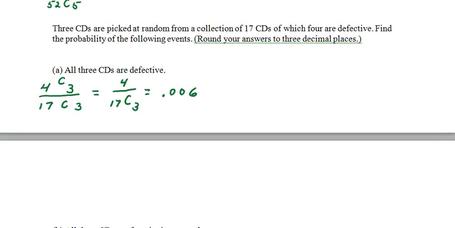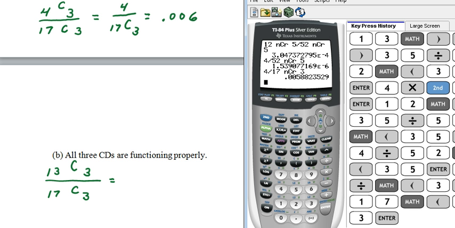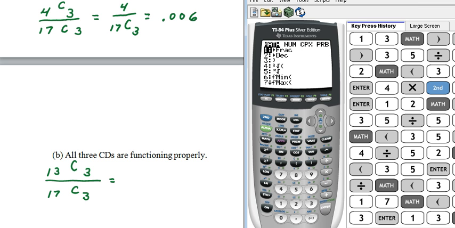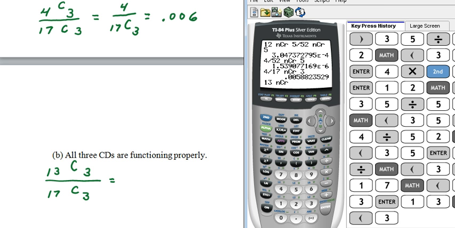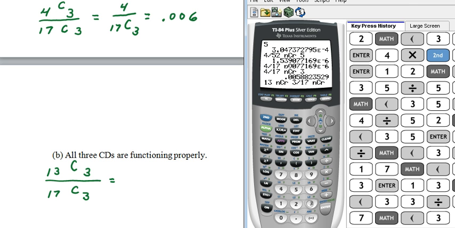Well, since we have 13 that are functioning properly, we'll be choosing from the 13 3 that are properly functioning over 17C3, and this will give us 13 math left 3 divided by 17 math left 3.